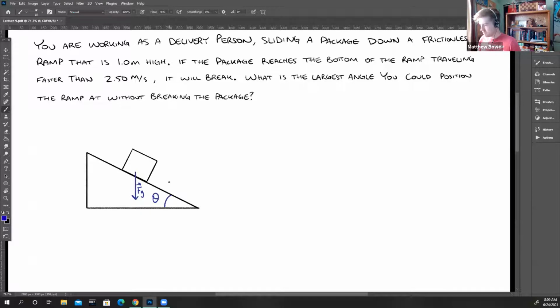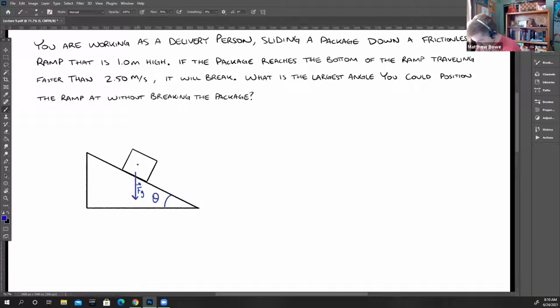And what were some other forces that we were talking about last time? There was a normal force, the force of something that is in contact with something. So it's perpendicular to a contact surface. So the normal force in this case is not directly up, it's perpendicular to this surface that the box is sliding on.